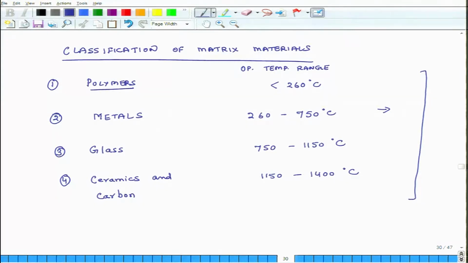temperature range. When you are planning to use carbon as the matrix, it is very important to remember that at higher temperatures, if you have a piece of carbon and you have oxygen, it will burn.